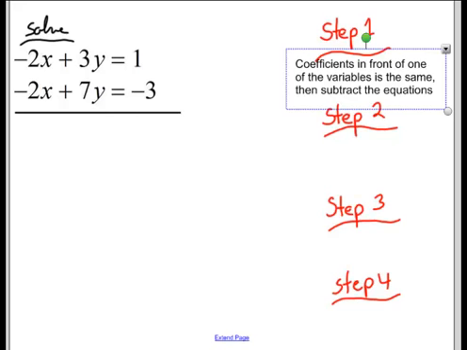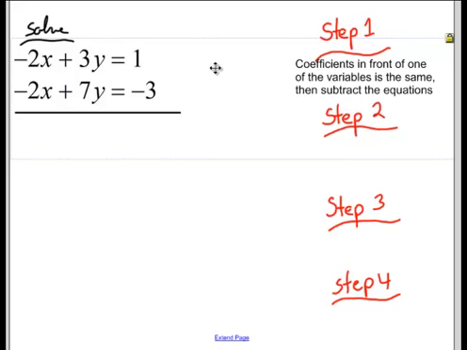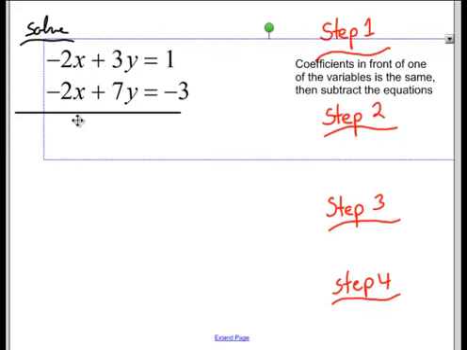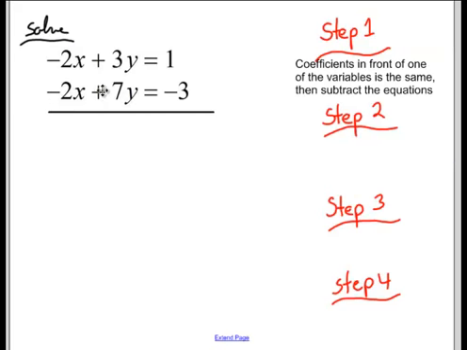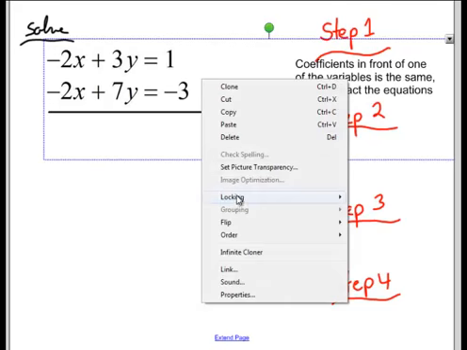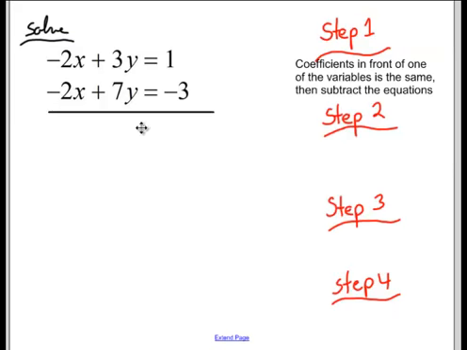When I subtract the equations, let's put in a negative sign. Let's move this to the side a bit. Okay, that's better. I'm going to subtract these now.